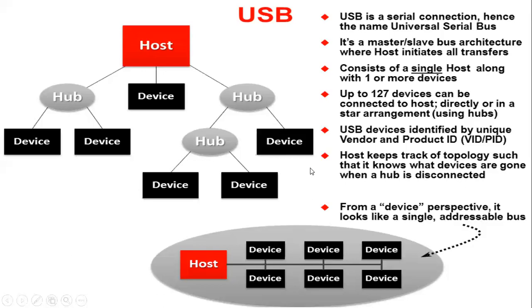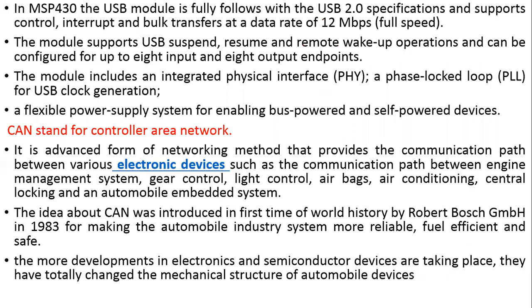This is a simple USB module. Different versions are available: USB 1.0, 2.0 and 3.0. USB 3.0 is running, but in our application we have USB 2.0, which supports control, interrupt and bulk data transfer at a rate of 12 megabits per second.